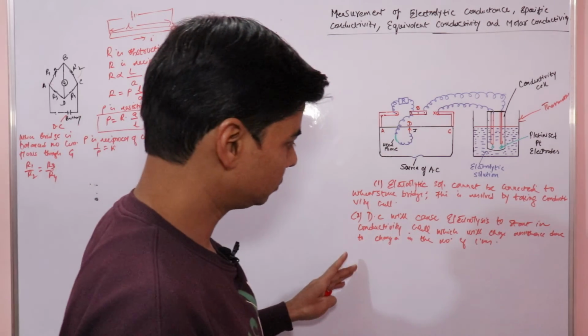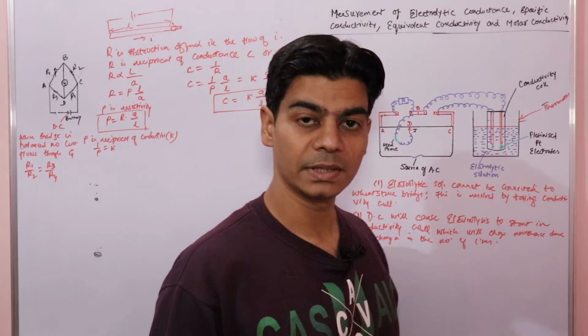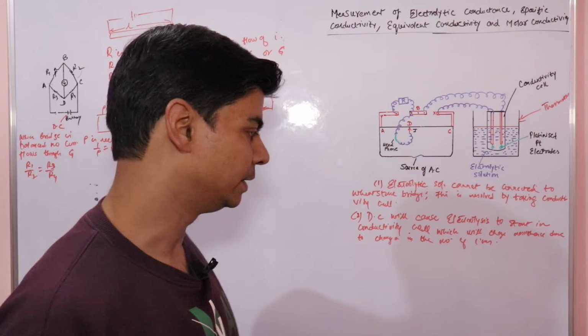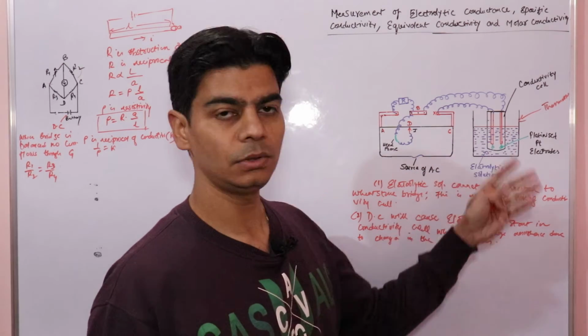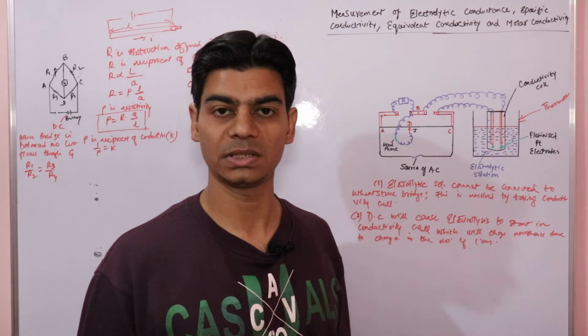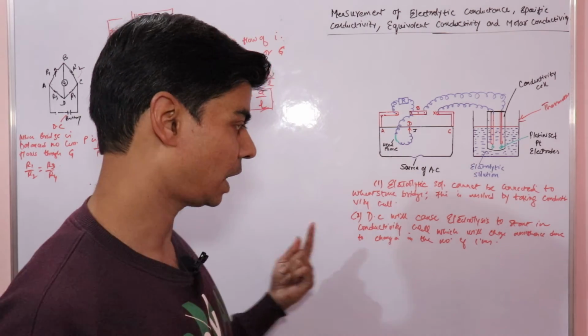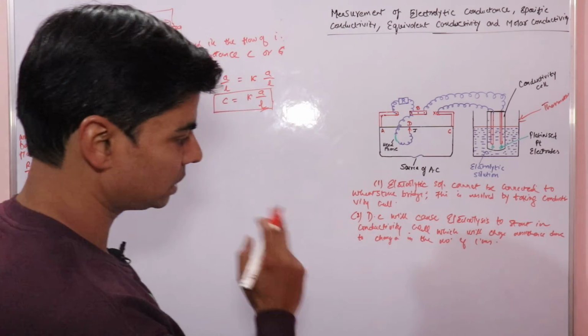So when the number of ions changes, resistance will change and conductance will change. So it would not be possible to find the conductance or resistance at one point of time, since ions are moving on passing direct current.